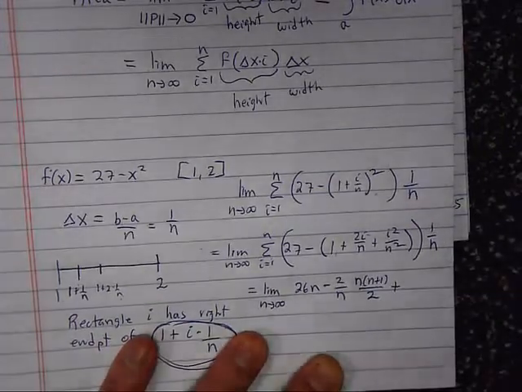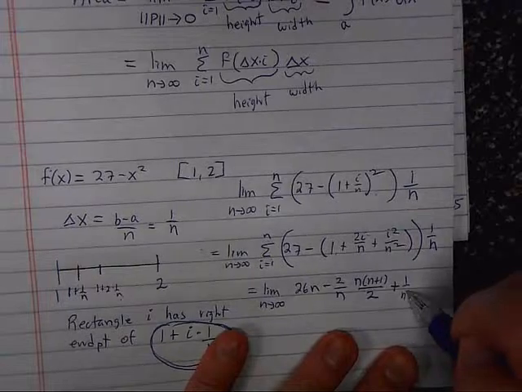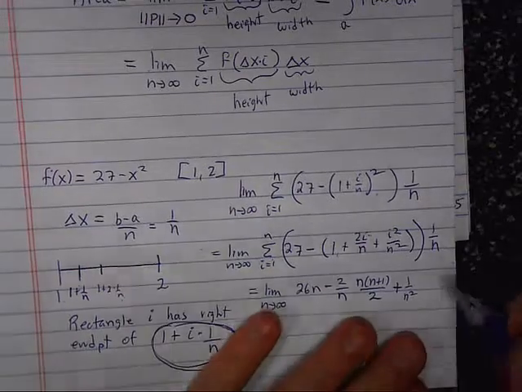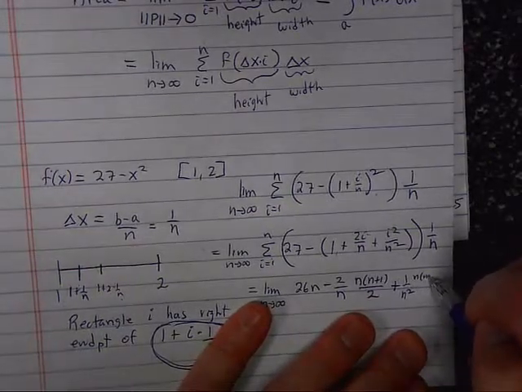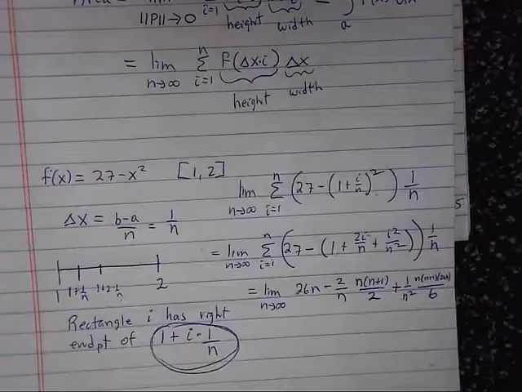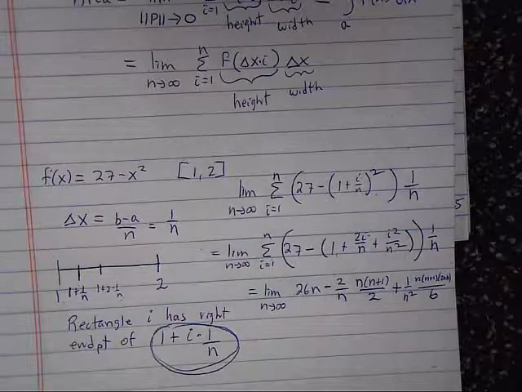Plus, I have 1 over n squared, and now I need my formula for the sum of i squared, over 6. Yes? Oh, where's the minus sign?